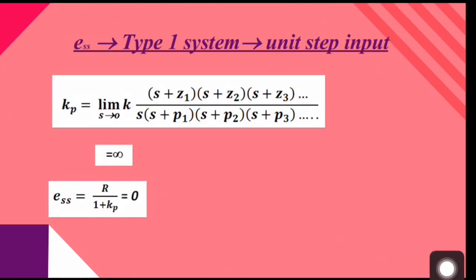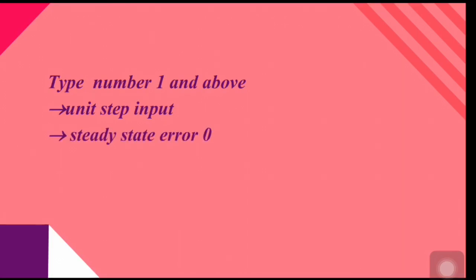So we can conclude that the steady state error of type number 1 and above systems for unit step signal input is 0. Clear?